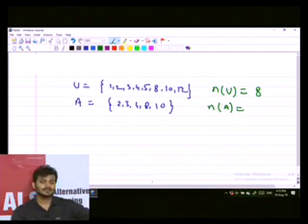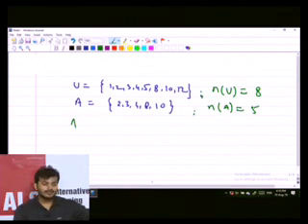And the cardinal number of set A would be 1, 2, 3, 4, 5. We count the distinct elements present in the given set, so it is going to be 5. Anyway, that isn't needed, but still I have to cover it.